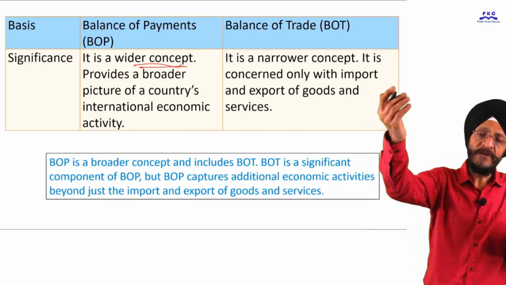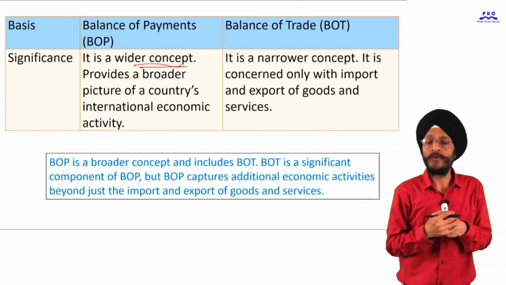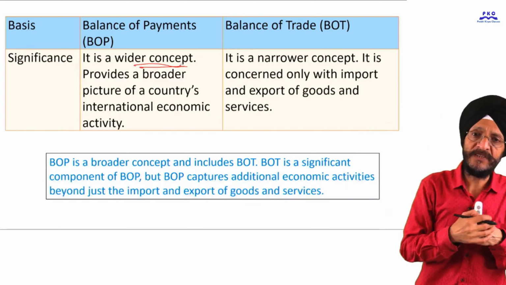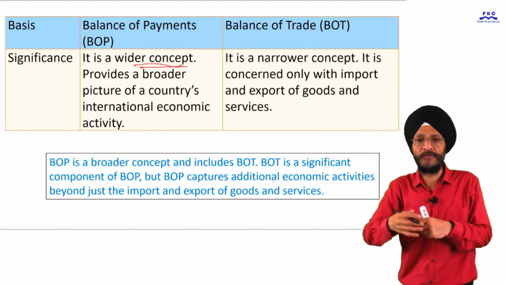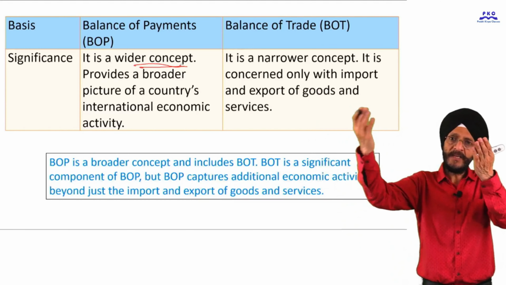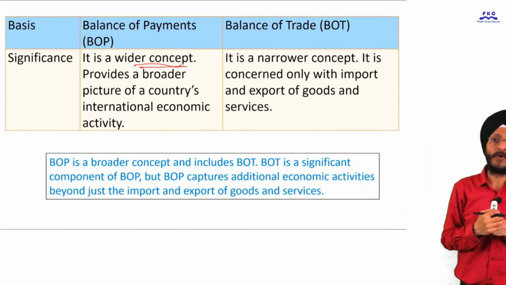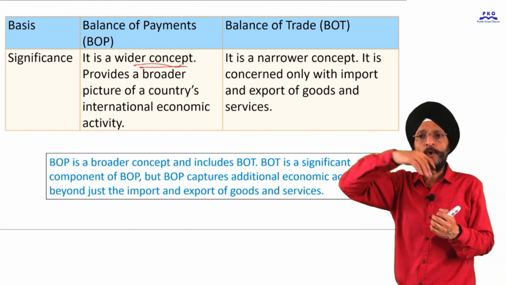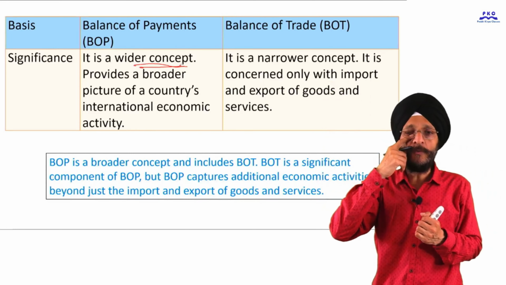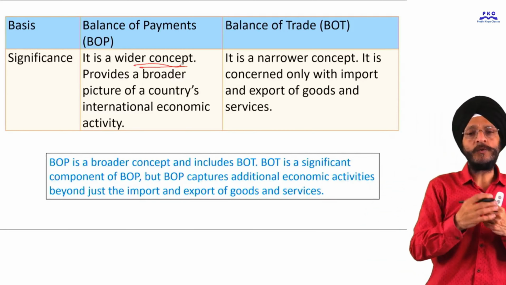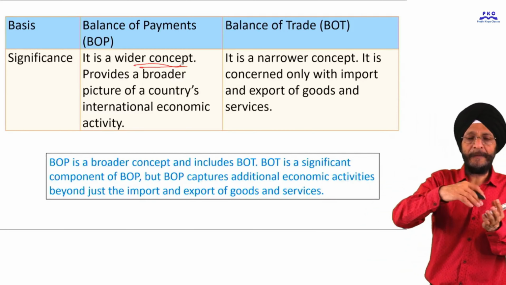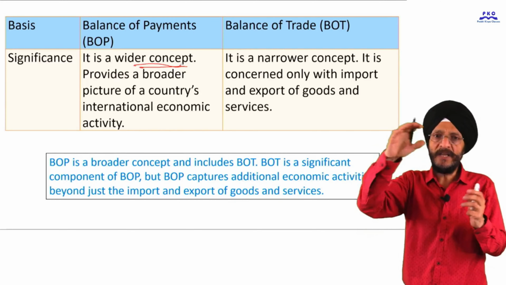It will also provide the position with regard to unilateral transfers, whether we are receiving more or paying more in the form of unilateral transfers, whether income received from investments is more or we are making more payment to the foreigners in the form of income on investments. And we will also understand whether capital transfers are more or less.